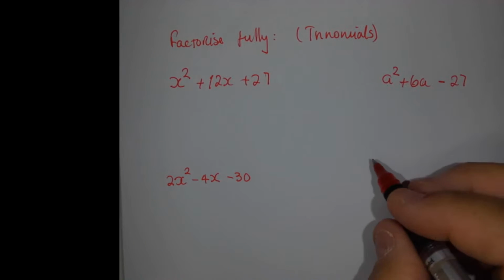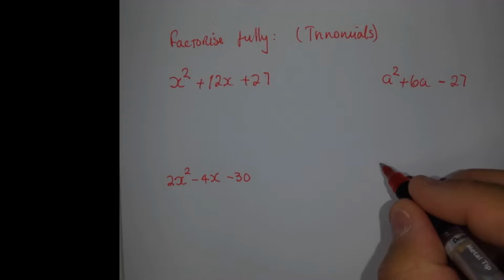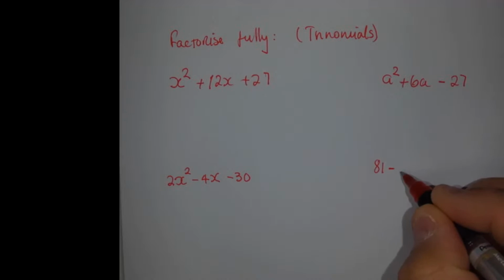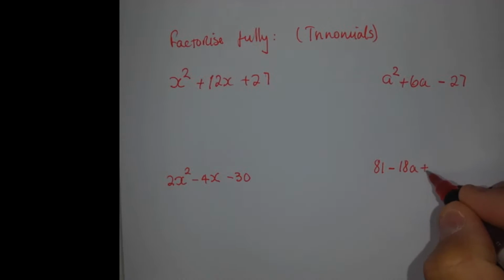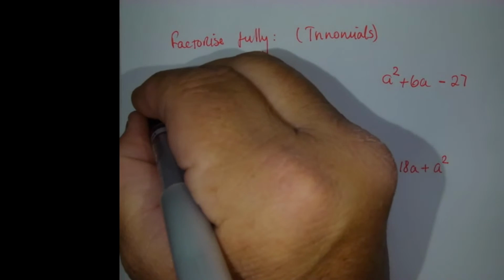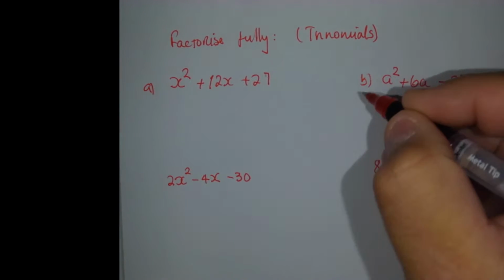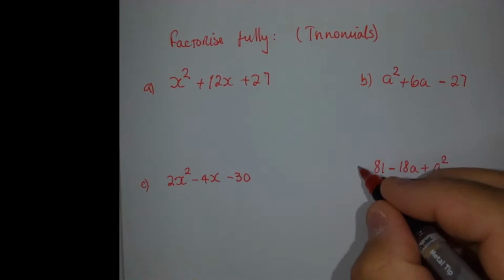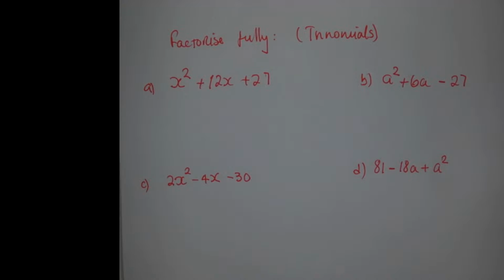And then something like 81 minus 18a plus a squared, and I'm going to factorize these. Let me just number them: a, b, c, and d.